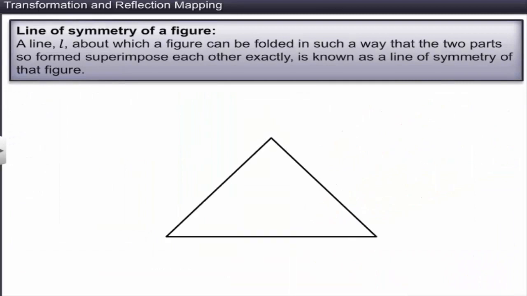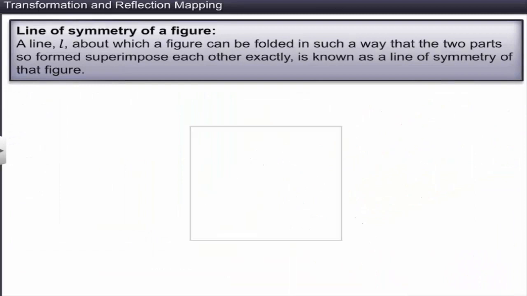Consider an isosceles triangle. If we fold it along the line shown, observe that its two parts superimpose each other exactly. An isosceles triangle has only one line of symmetry, which is as shown. Consider a square.